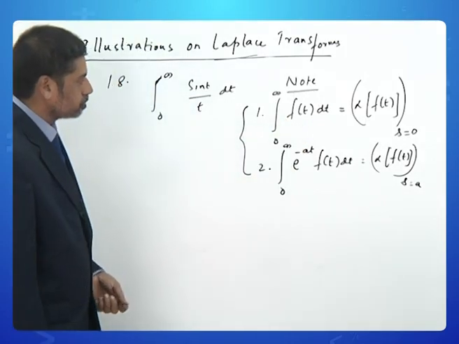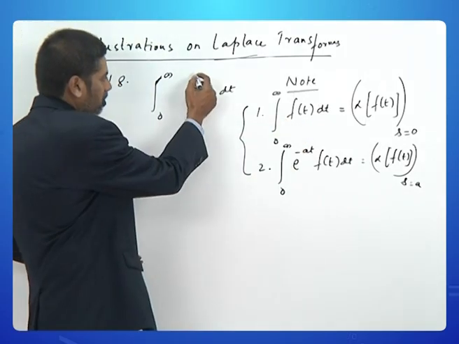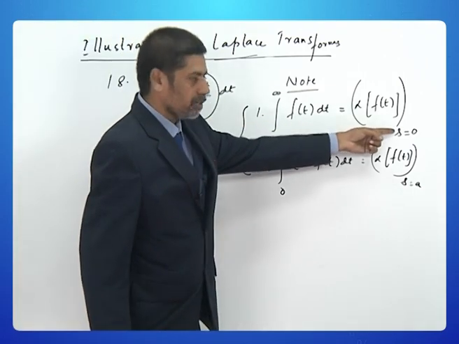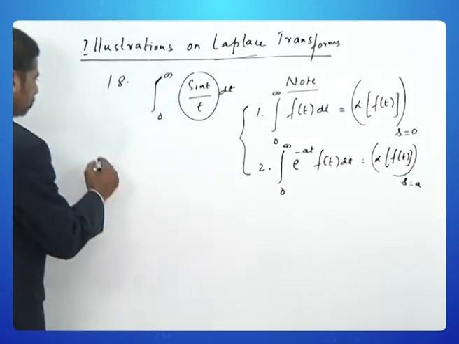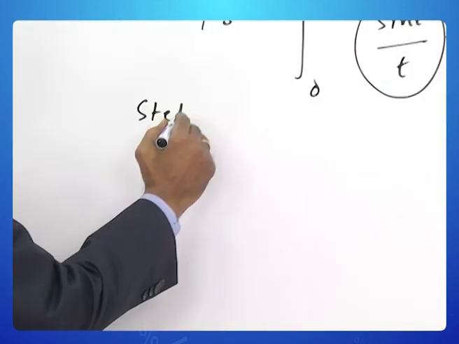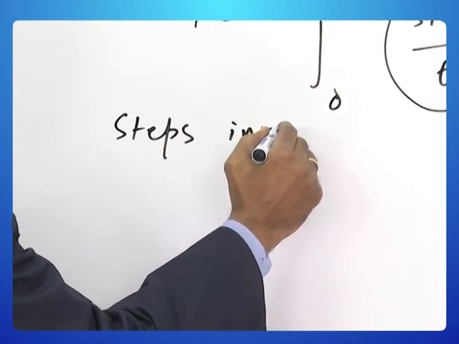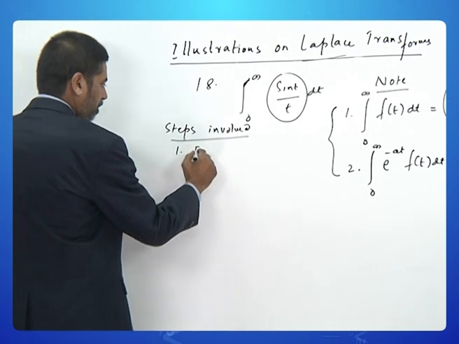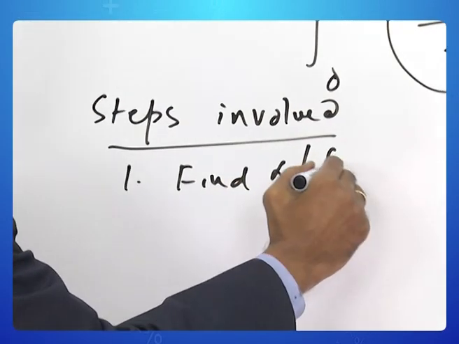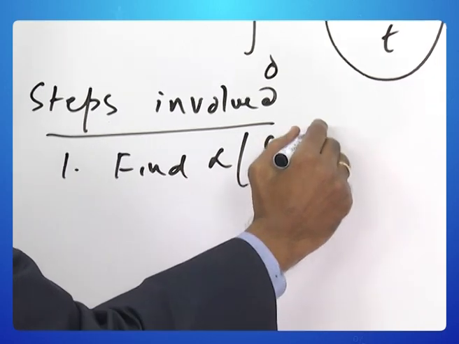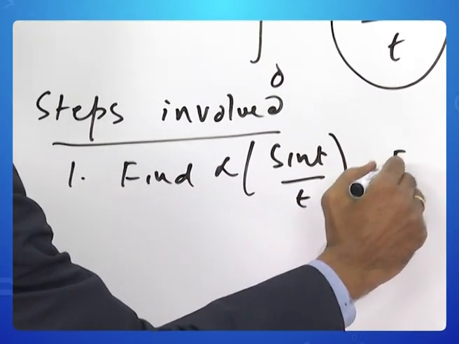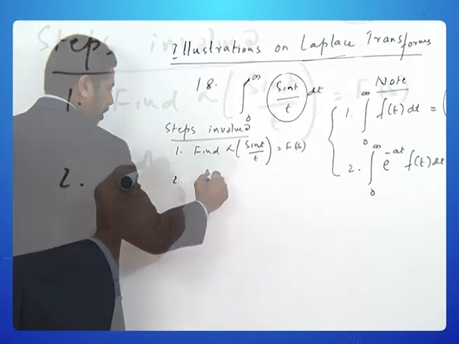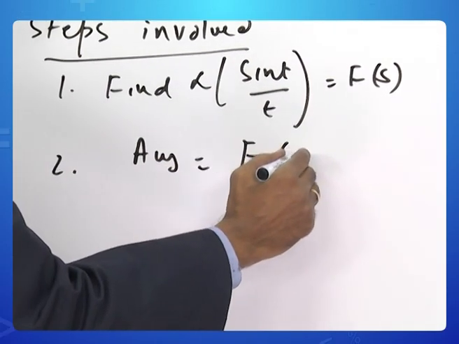So what we will do, you find the transform of this and then put s is equal to 0 in the final output. So what are the steps involved? Find Laplace of sine t by t, to answer is equal to f of 0.